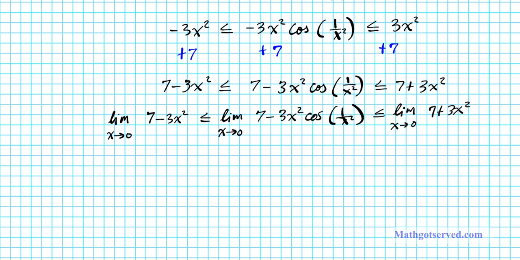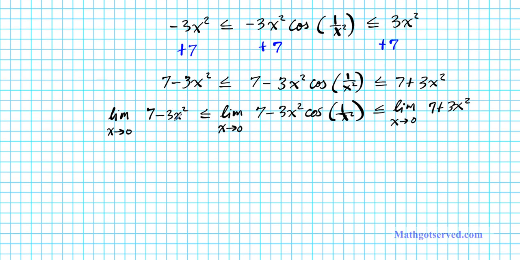Okay, now let's see what the limit of the left side is. If you evaluate the limit just by substitution, you're going to have 7 minus 3 times 0 squared. We're just going to leave the expression in the center alone, because that's what we want to find the limit of.